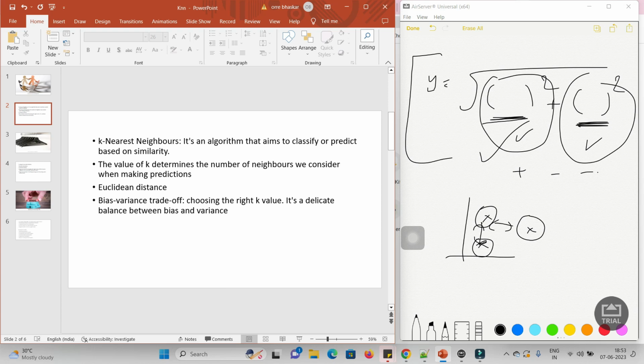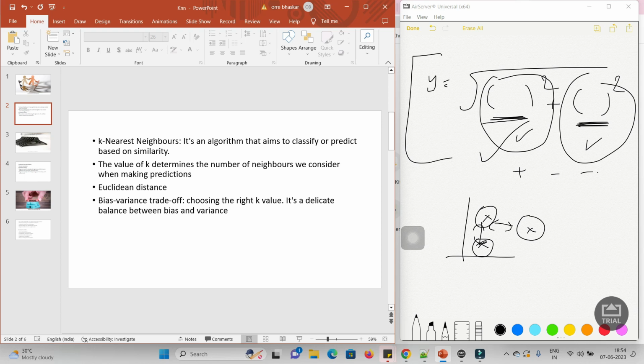Okay? Yes. Increasing the value of k can reduce the variance, but may increase bias. A larger k considers more neighbors, smoothing out the predictions and reducing the influence of individual instances. So, with increasing the k, we can reduce the variance, but bias may increase. Always remember, bias means assumptions we are making. If the model is simple, then we are having more bias.